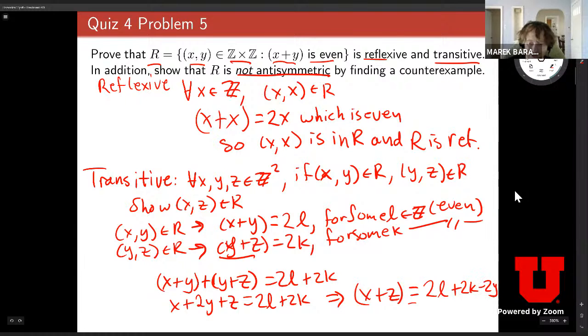And that's equal to 2(l plus k minus y), which implies (x, z) is in the relation. Do you want to see another way to do that one, or is that enough? I noticed that you had two common solutions. Any questions on that? I'm going to say no.